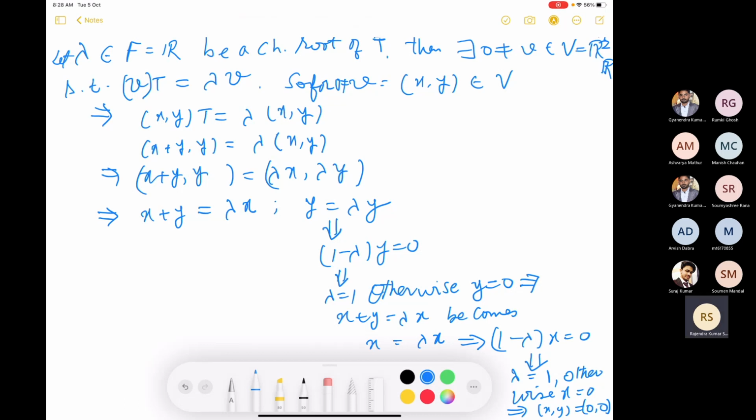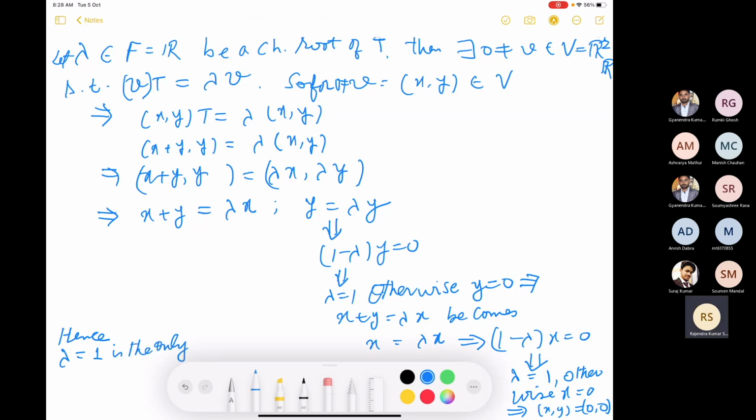So if y is 0, in that case x also turns out to be 0 unless lambda becomes 1. So this is a contradiction. Hence lambda equal to 1 is the eigenvalue.